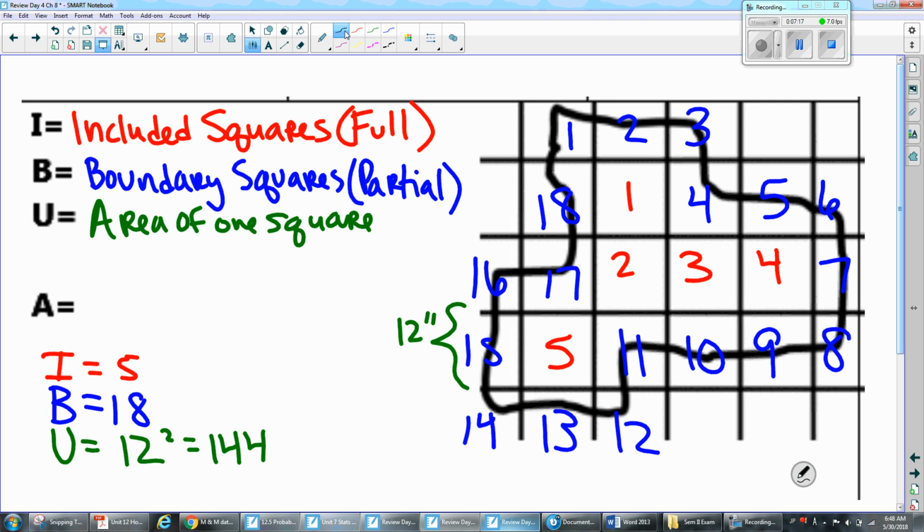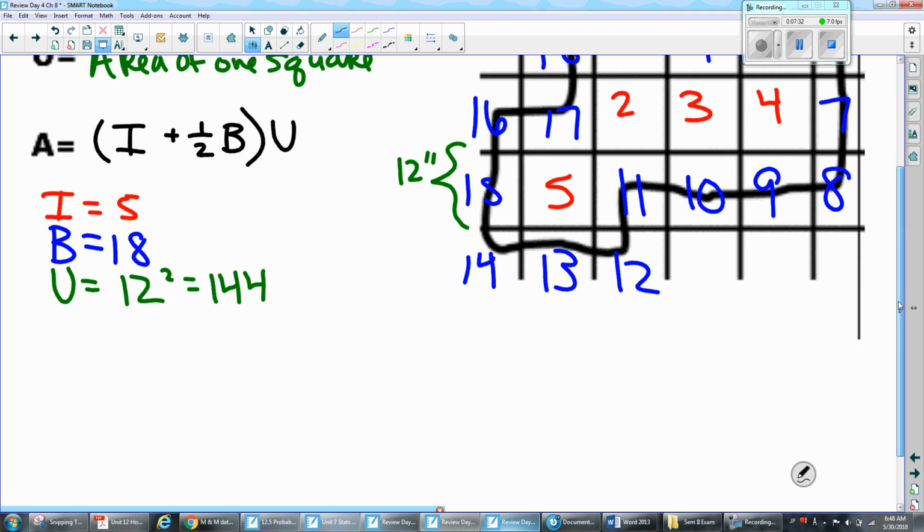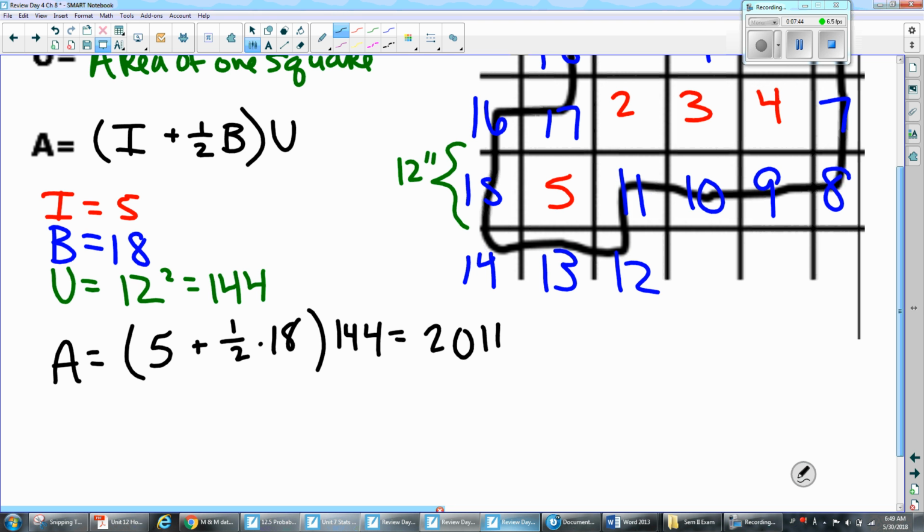I say A equals my included full squares, half of those boundary squares, since they're half in and half out, and we'll multiply that by the area of each square. So in this case, our formula is taking the 5 plus 1/2 times 18, and then we'll multiply that by 144, and that'll really give us 2016 square inches.